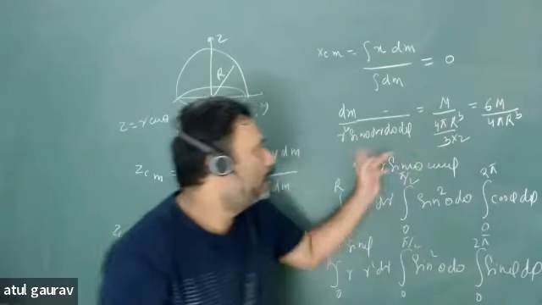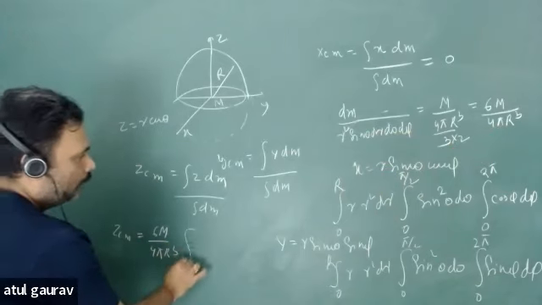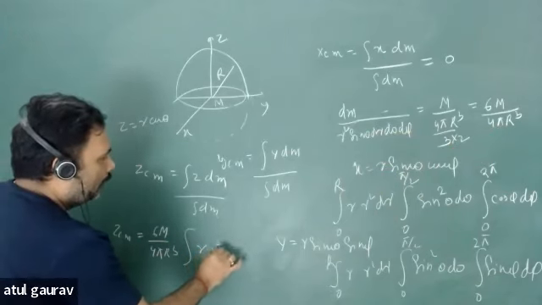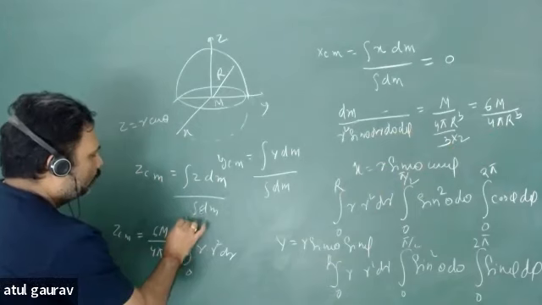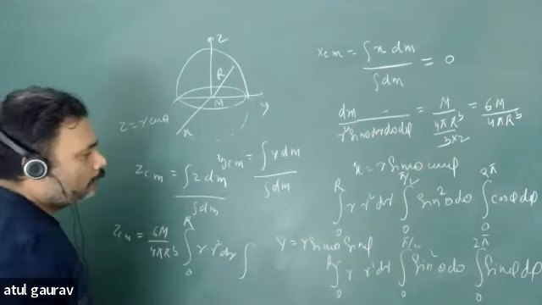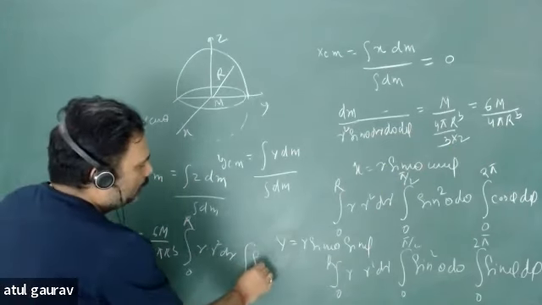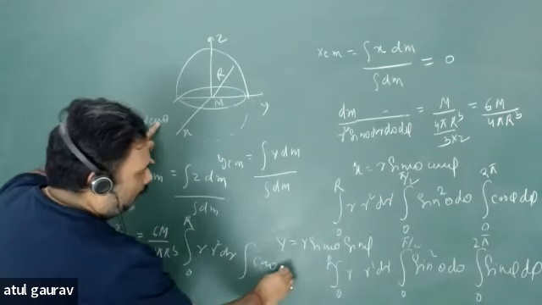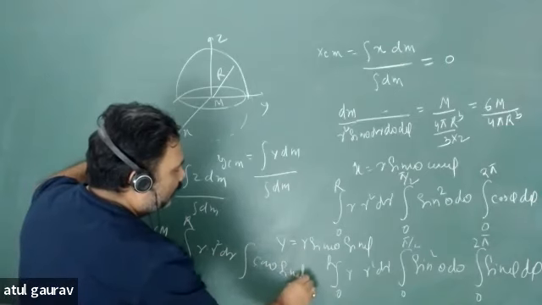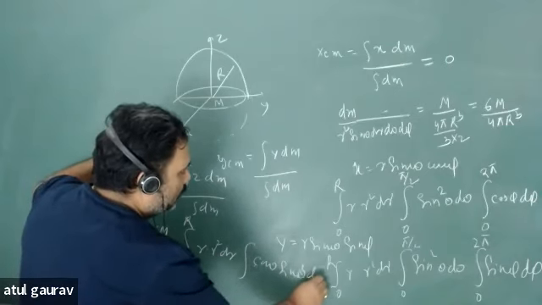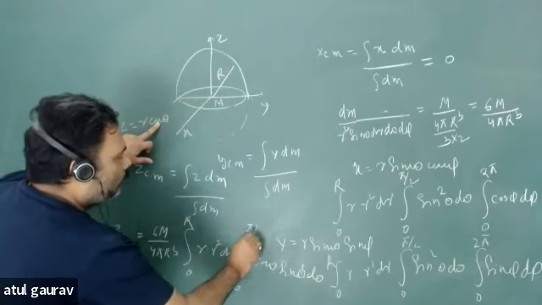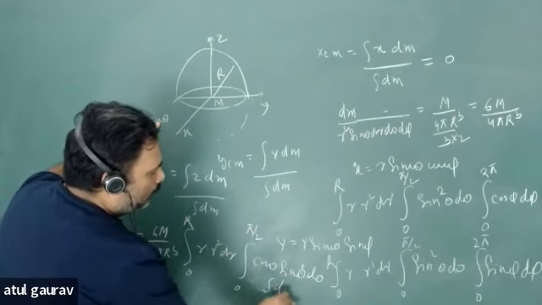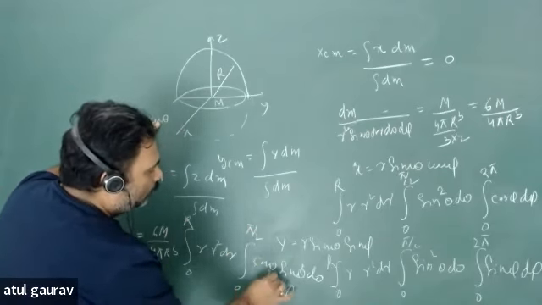This term is there. You have r into r square dr, 0 to capital R. And what about your theta part? Cos theta, sin theta, d theta, 0 to pi by 2. And what about the next one? D phi, 0 to 2 pi.